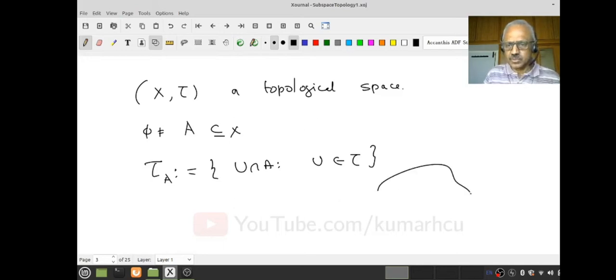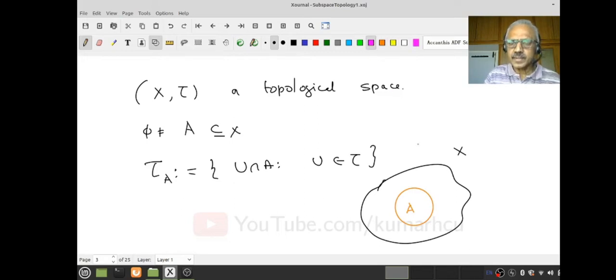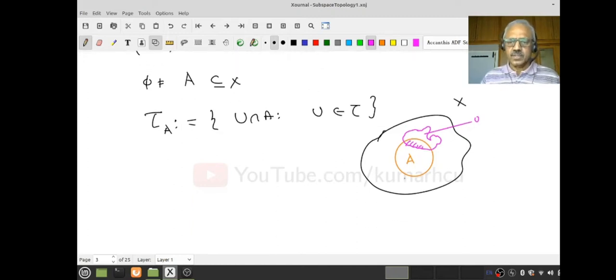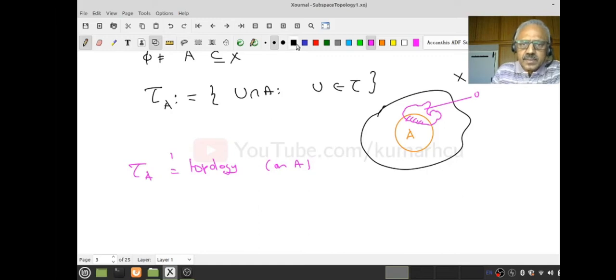So pictorially, this is how it looks. This is my X, and this may be my A, and this may be my U. Therefore U intersection A is this. Right. So one would like to check whether tau_A is a topology, of course on A. That's very easy, because why?